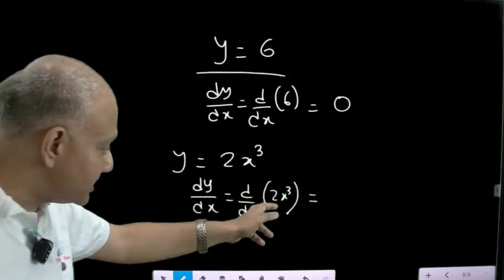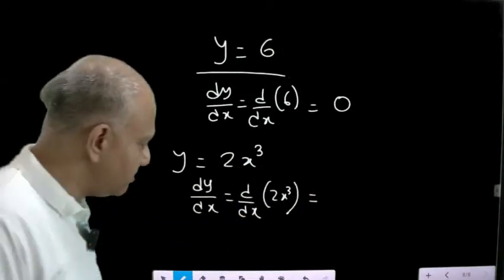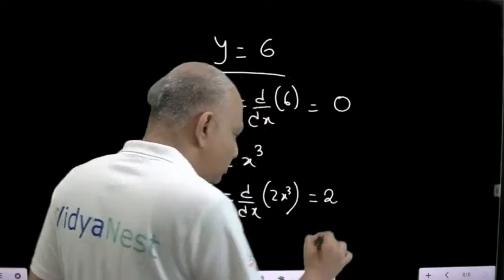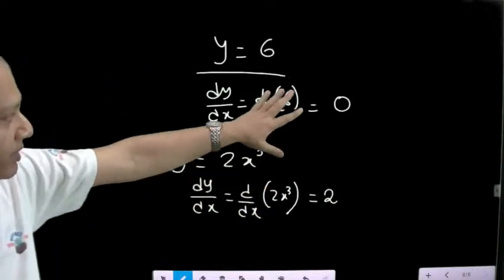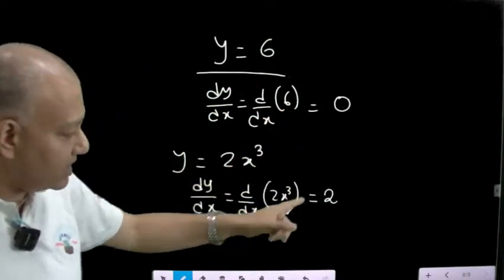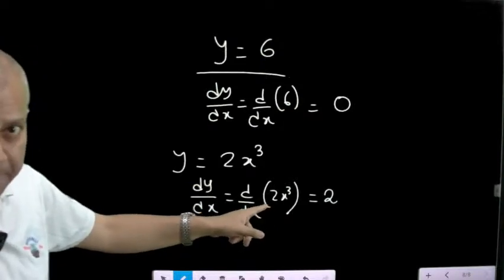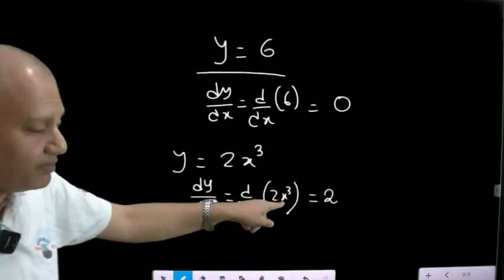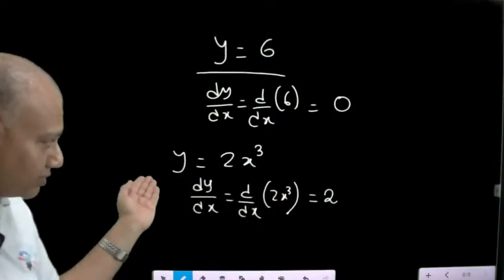So this constant is going to come out. This is a rule. You have to remember, 2 is going to come out because we cannot differentiate 2, because if only constant is existing, differentiation is 0. But if only constant is not existing, the constant is multiplied with a variable. So that's why the 2 is going to come out.